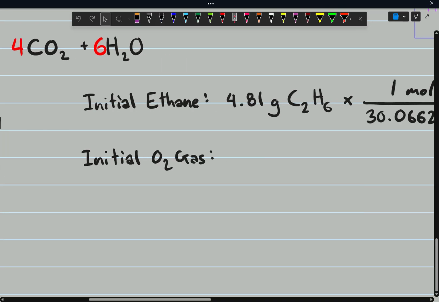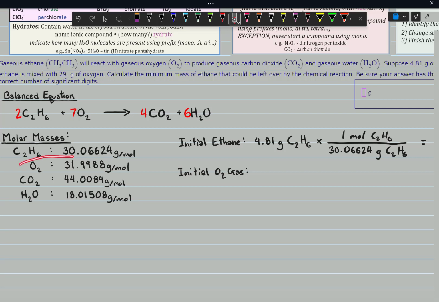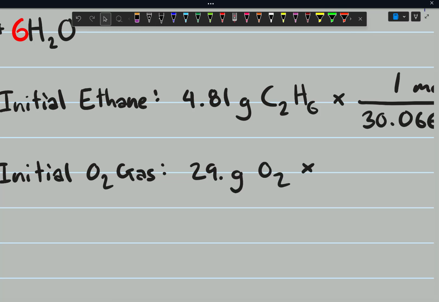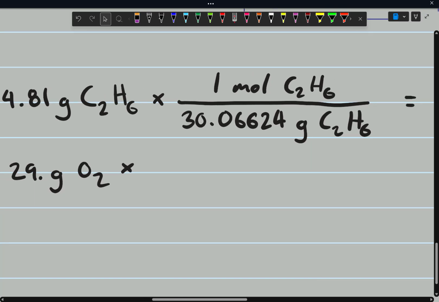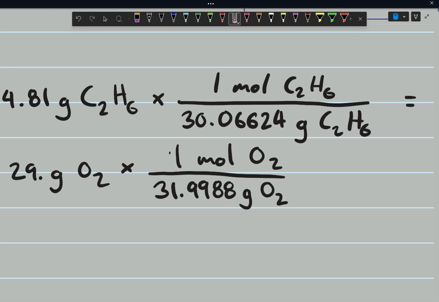So to do that, we do the same thing. We're told in this problem that we have 29 grams of oxygen, and this is our molar mass for oxygen. So 29 grams of O2 multiplied by the inverse molar mass here, so that's 31.9988 grams of oxygen for every 1 mole of oxygen.